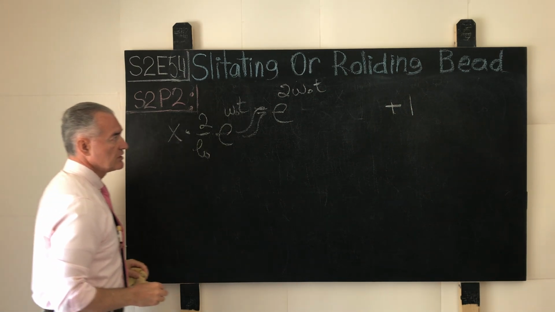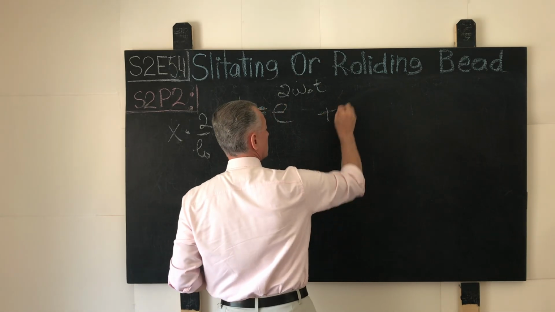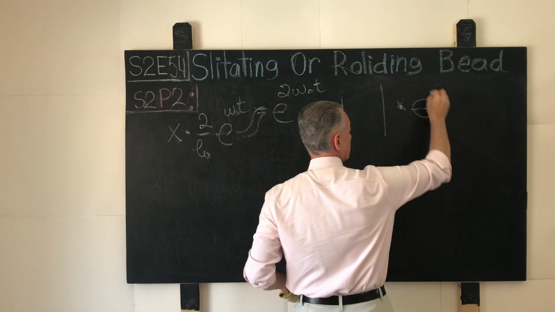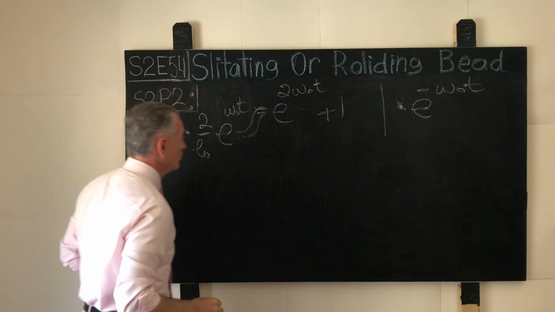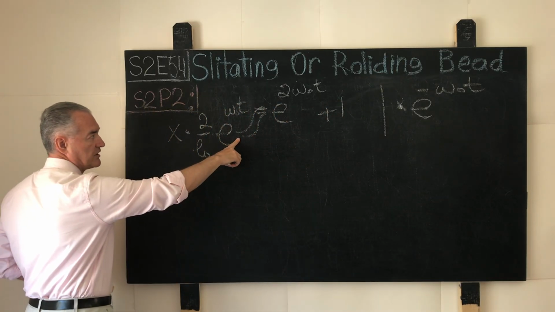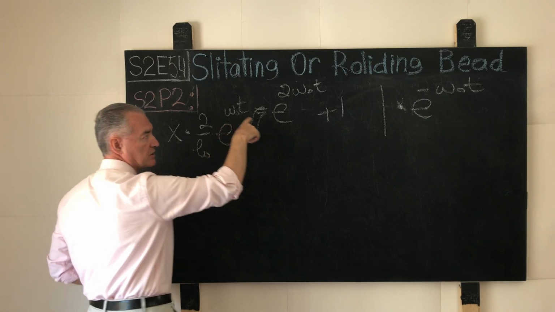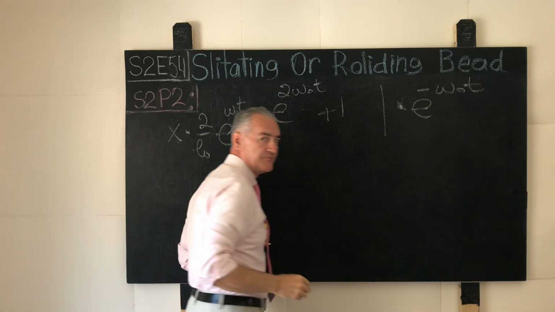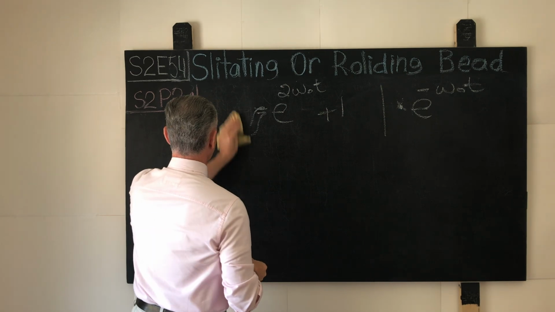Well, before we do anything else, let me write it in a more compact way. Plus 1, let's multiply both sides of this equation by the negative exponent, minus omega 0 t. What will we have? On the left-hand side, when the e to the power omega 0 t collides with e to the power minus omega 0 t, they will annihilate each other. This is gone. This is gone.